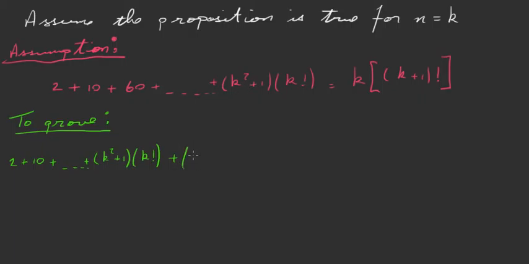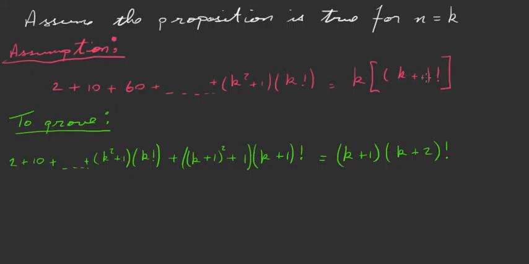So we're going to go with k plus 1 squared plus 1, that's this bit. Instead of k, we put in k plus 1. And this bit here will just turn into k plus 1 factorial. We want to prove that that's equal to k plus 1 times, and this here becomes k plus 1 plus 1, which is just k plus 2 factorial. Okay, so this is what we want to prove.